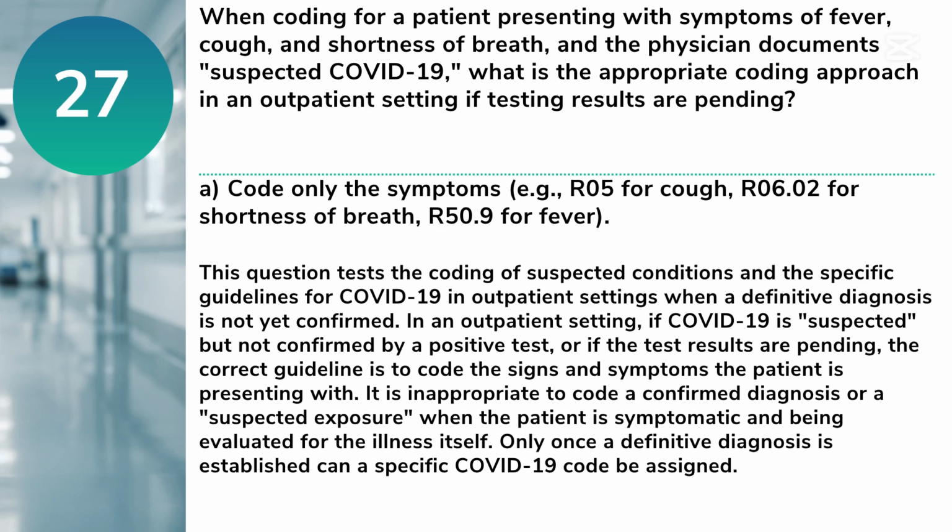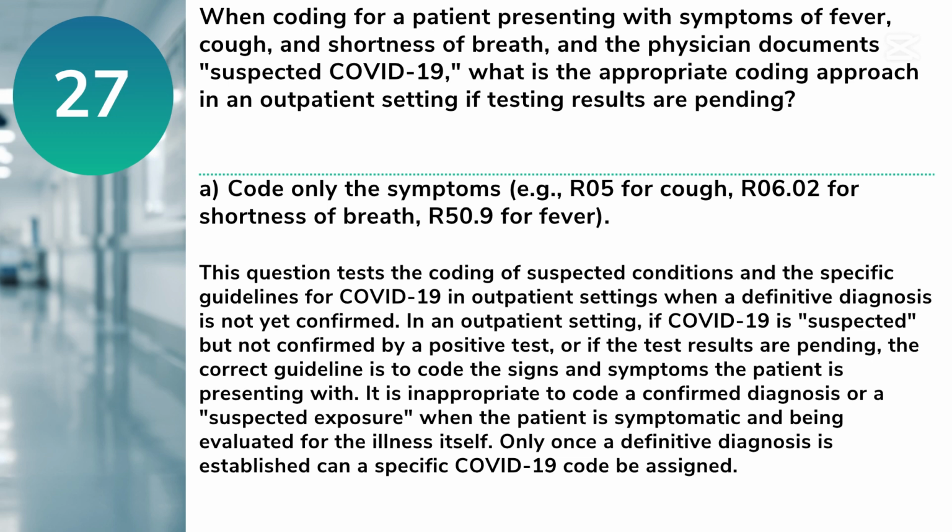Answer: A. Code only the symptoms, e.g., R05 for cough, R06.02 for shortness of breath, R50.9 for fever. This question tests the coding of suspected conditions and the specific guidelines for COVID-19 in outpatient settings when a definitive diagnosis is not yet confirmed.